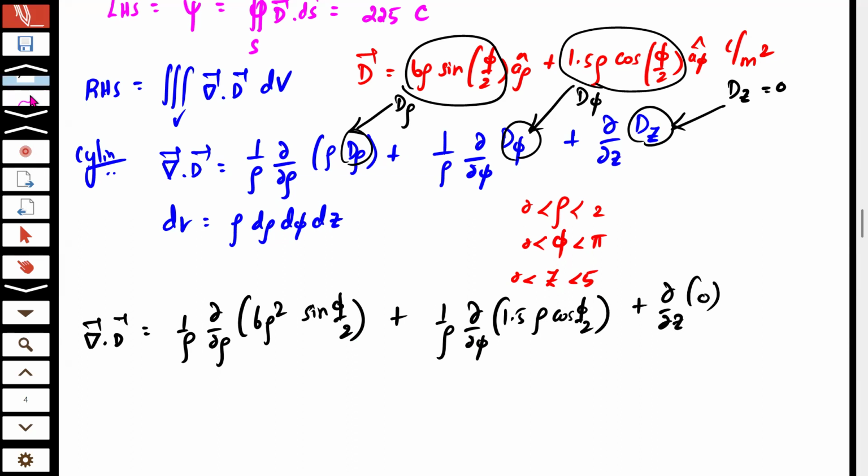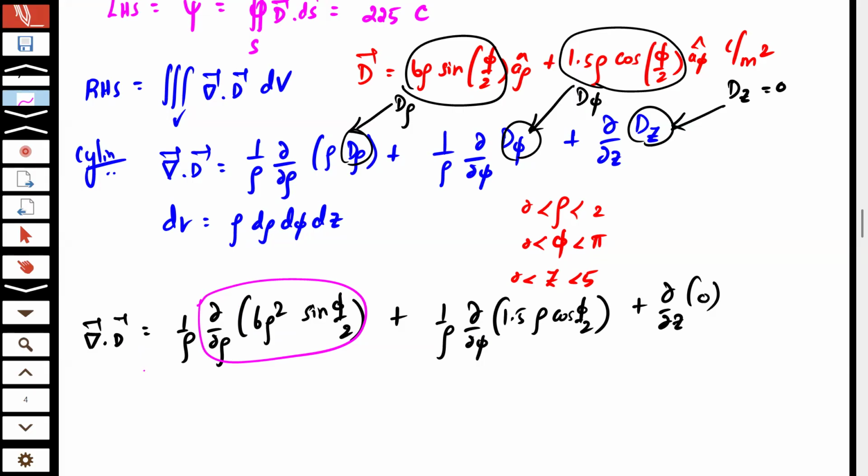You should also note here, this rho and rho cannot be cancelled because this is inside differentiation. After differentiation, whatever is left, that only can be divided by this rho. Before differentiation, you must not cancel any factors or terms in this expression.